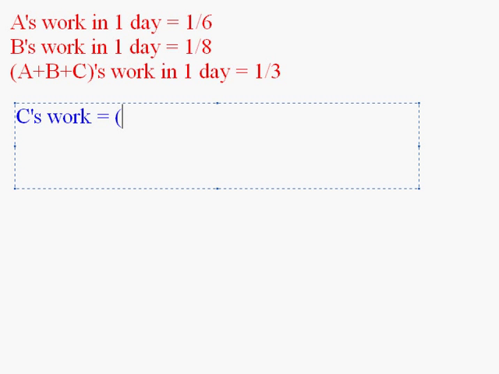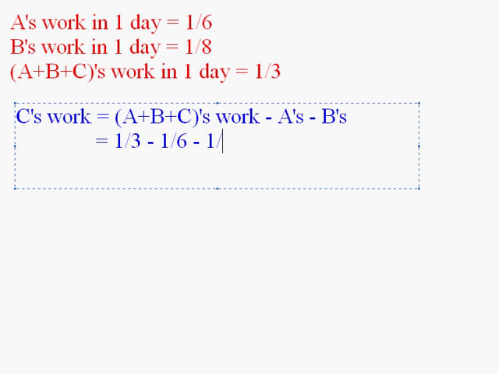So what is C's work? C's work will be A plus B plus C's work minus A's minus B's, right? So it will be 1 upon 3 minus 1 upon 6 minus 1 upon 8, which is 1 upon 24. So if C is working all alone, he is able to do 1 upon 24 of the work daily.